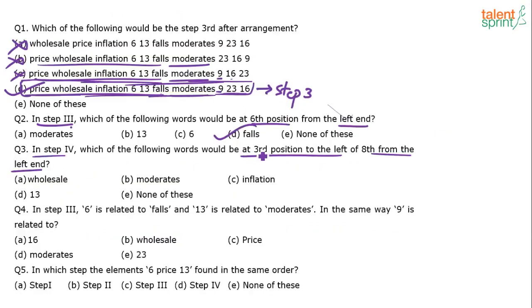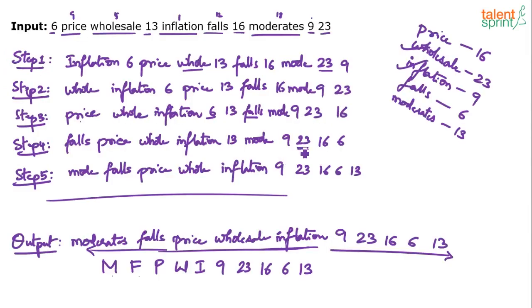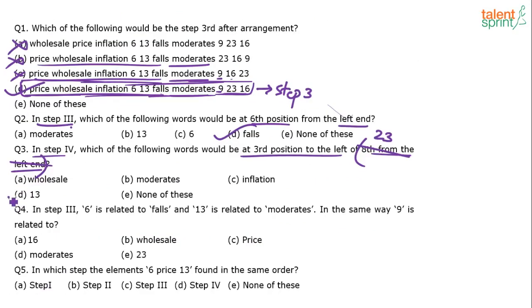Now the question is the third position to the left of 23. First, second, third. Third to the left of 23 is 13. So 13 should be the answer, option D.